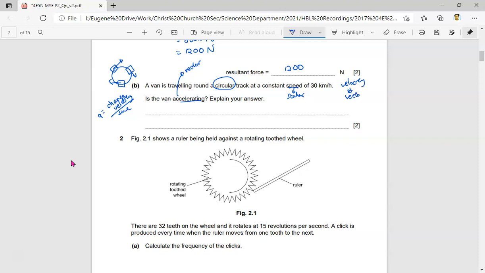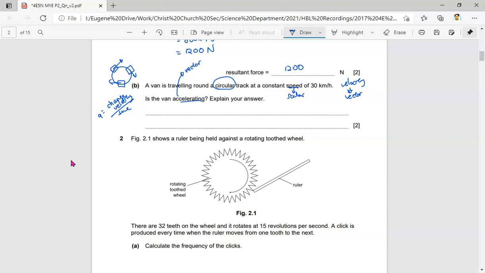Well, I'm not going to write it out, but just take note, speed is a scalar. What is a scalar? A scalar is a physical quantity with magnitude only. That means with a value only. But velocity is a vector, it means that it has both magnitude and direction.